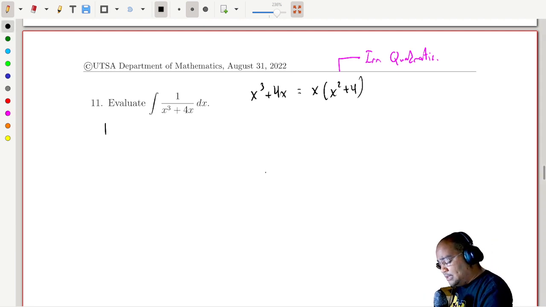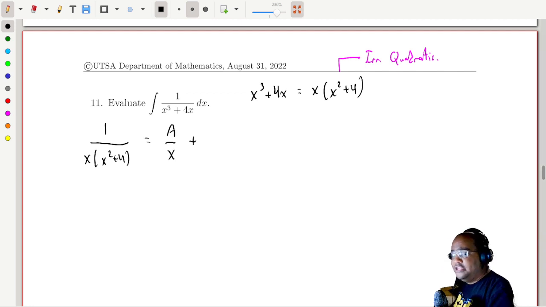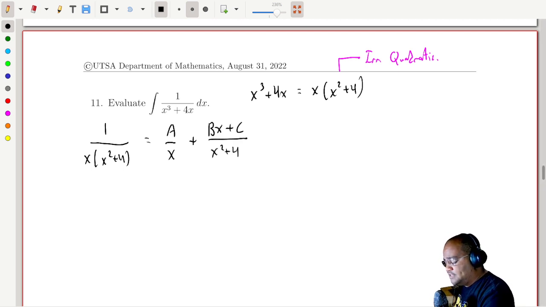So we're going to go ahead and set up our recipe here. So we have 1 over x times x squared plus 4. We have one distinct linear factor, a over x. And then for the irreducible quadratic, at worst, the numerator is linear. So bx plus c over x squared plus 4. Now we do our usual thing.